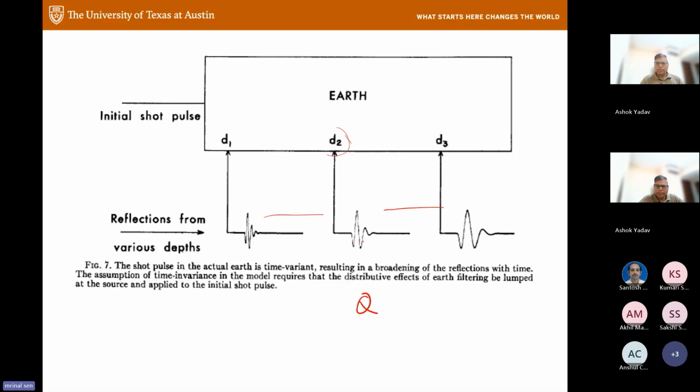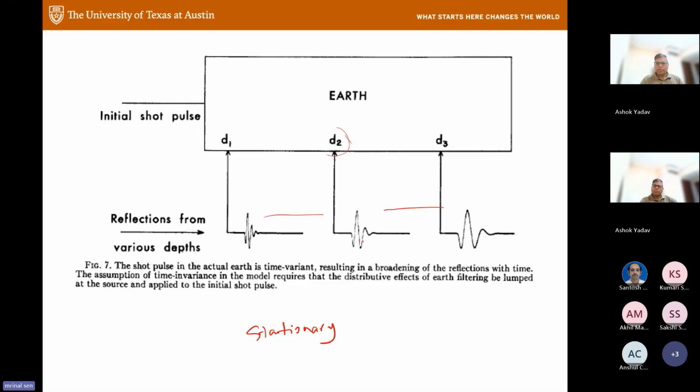And our model, the convolution model that I'm talking about, assumes that the wavelet does not change. This is called stationary convolution. That means it assumes that the wavelet is not changing with depth. Ideally, we can either include a Q effect in here or actually change the pulse as it goes deeper inside the Earth.